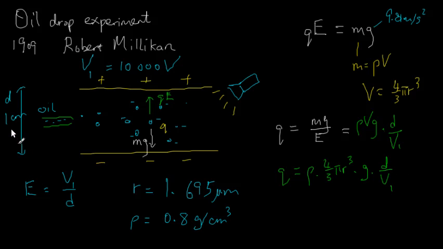Again, convert to 0.01 meter. So putting all the numbers into here, if I use my calculator, I would find 1.6 times 10 to the minus 19 coulomb.